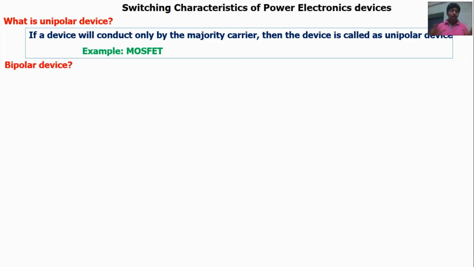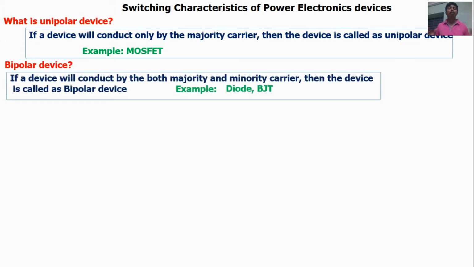Okay. Bipolar device, based on the basic electronics concepts, is defined as: if the device conducts by both the majority carrier and minority carrier, then the device is called a bipolar device. For example, diode and BJT are bipolar devices because the diode has N-type and P-type materials. PN junction diode, it has P-type and N-type.